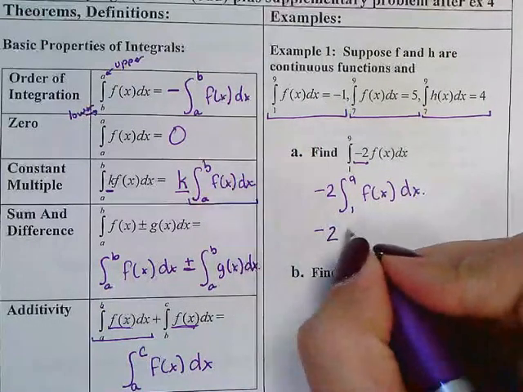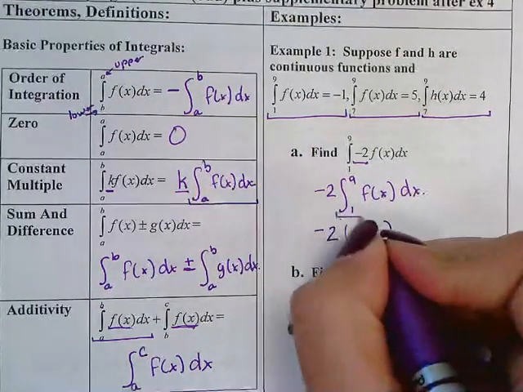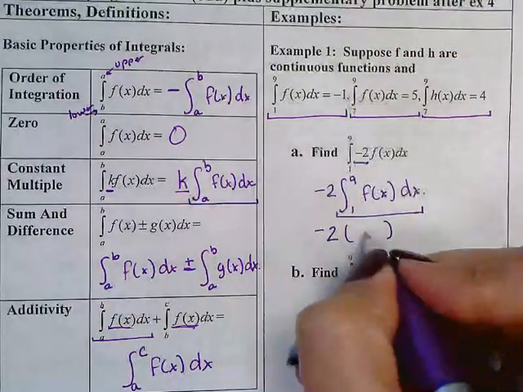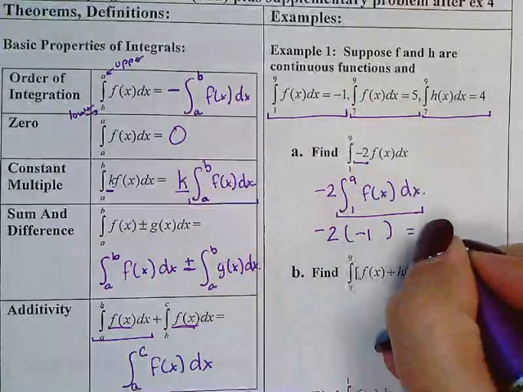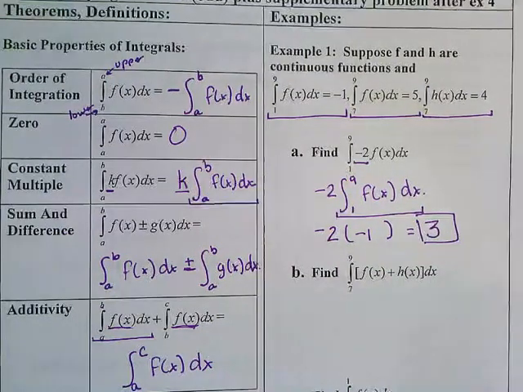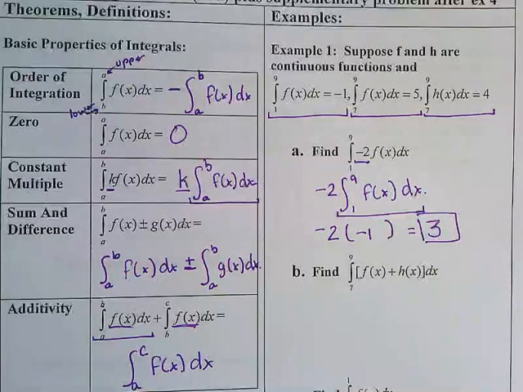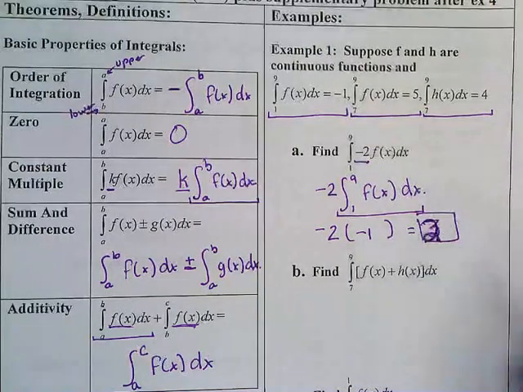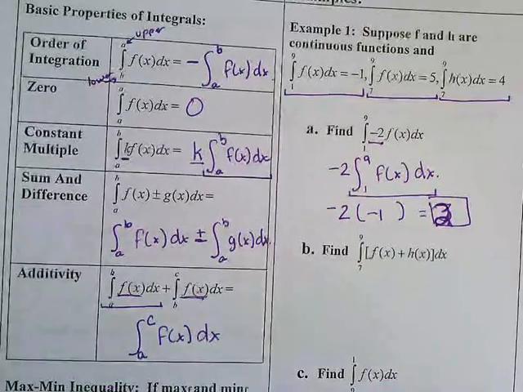So now it's just going to be -2 times this equals -1. Oh, 2, sorry. I added instead of multiplied, my bad.